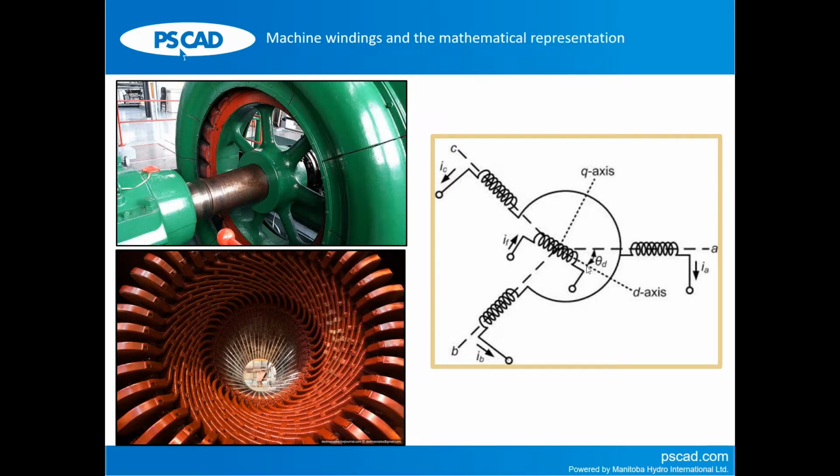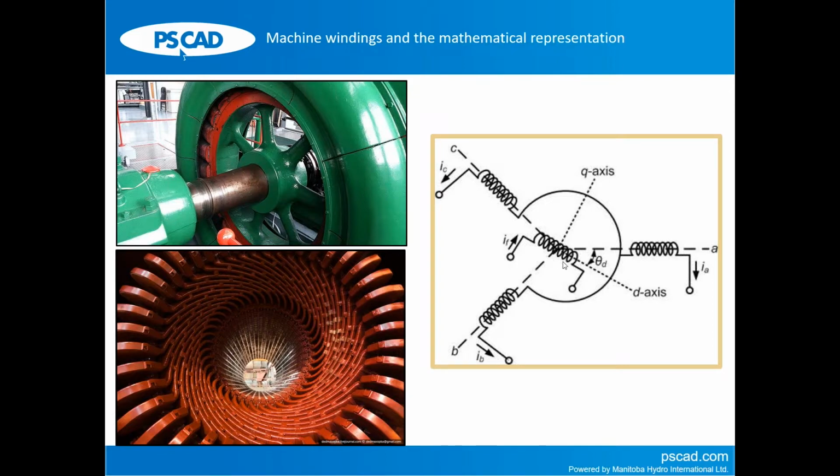So essentially, the axis of the field winding is generally referred to as the D axis or the direct axis of the machine, right? And 90 degrees to that is the so-called quadrature axis or the Q axis. These are just mathematical concepts to help us simplify the modeling process.